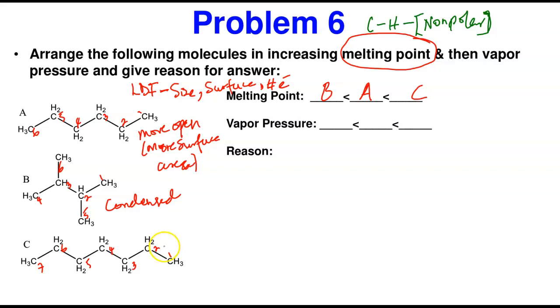So it's going to be C, followed by the one in the middle, which is A, and then B is going to have the highest vapor pressure. So what is our reason? The reason on the first one is that C, for vapor pressure, has the highest molar mass.